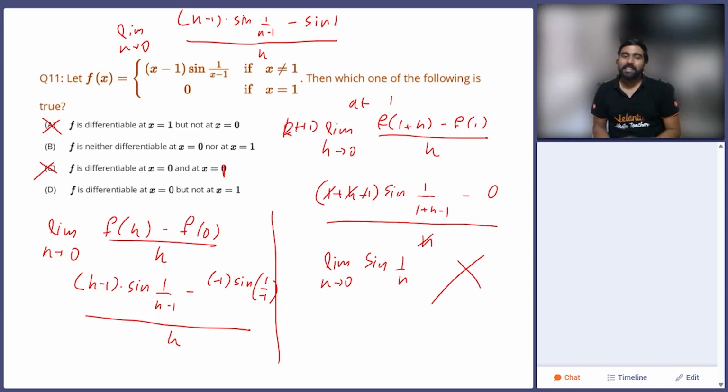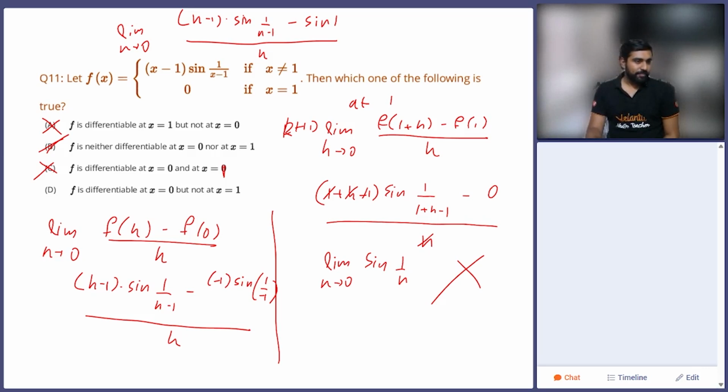This is not a limit which will exist over here. So I can say that the right hand derivative at 0 also does not exist. Hence the function is neither differentiable at x equal to 0 nor at x equal to 1. So at both these points the function is not differentiable. Okay, that's the core idea that we have over here.